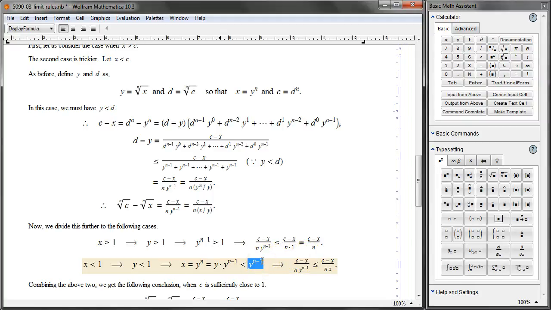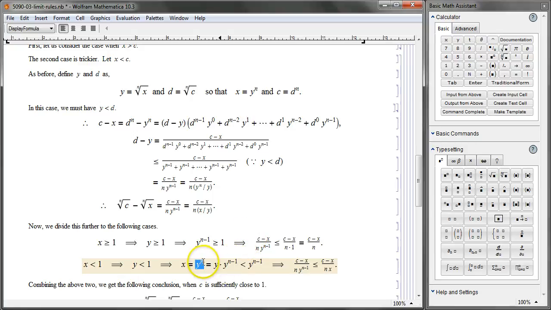y to the n minus first power. y is less than 1, so y to the nth power, which is y times y to the n minus first power, and this y is less than 1, so multiplying by less than 1, we are reducing from y to the n minus first power.